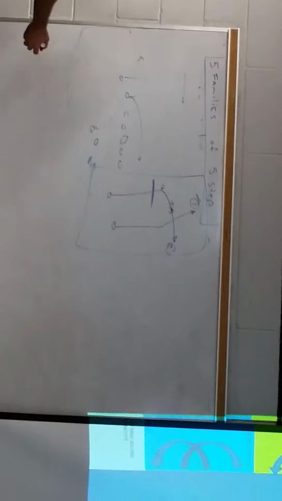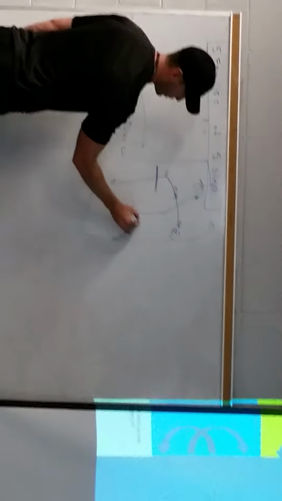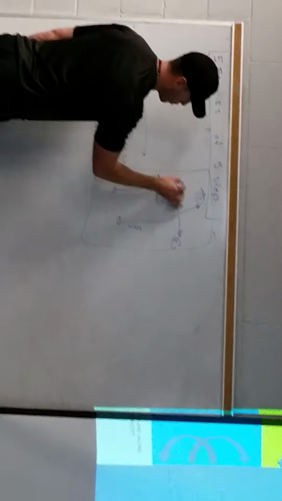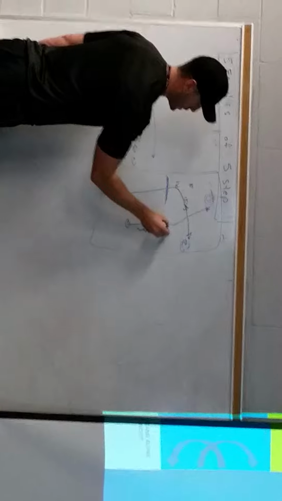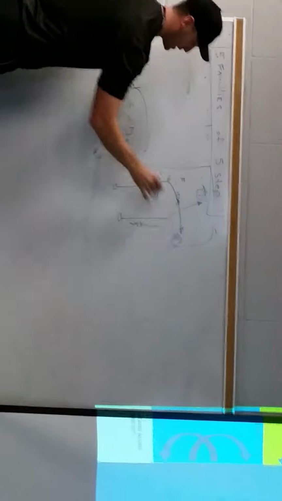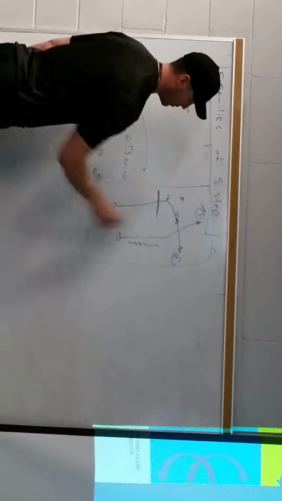So the only thing that can take this concept away would be a hard corner, like a cover 2 type corner here that's trying to jam your post, or a 2 read where he's outside. That's the only thing that can defend this flood concept. So our quarterback knows the cap look that we don't like to throw the flood against.